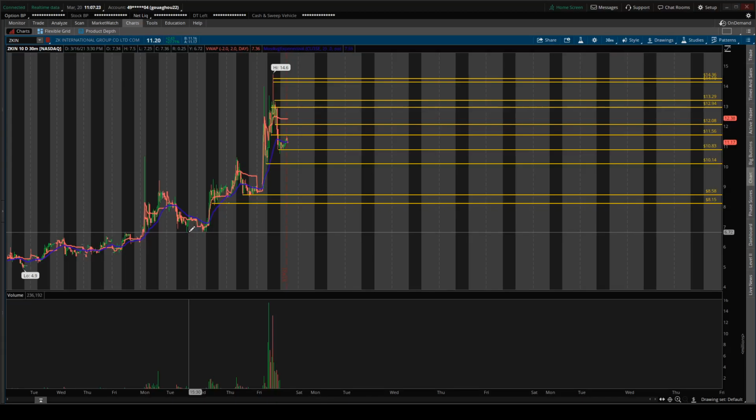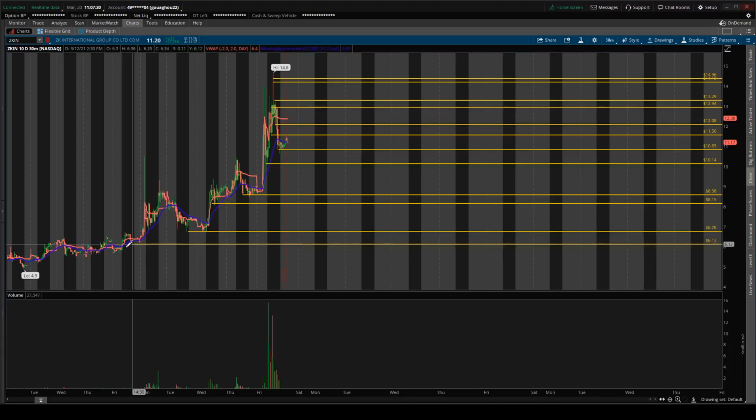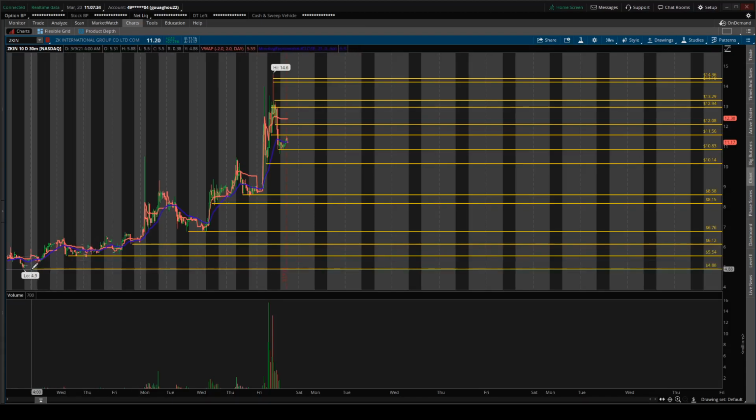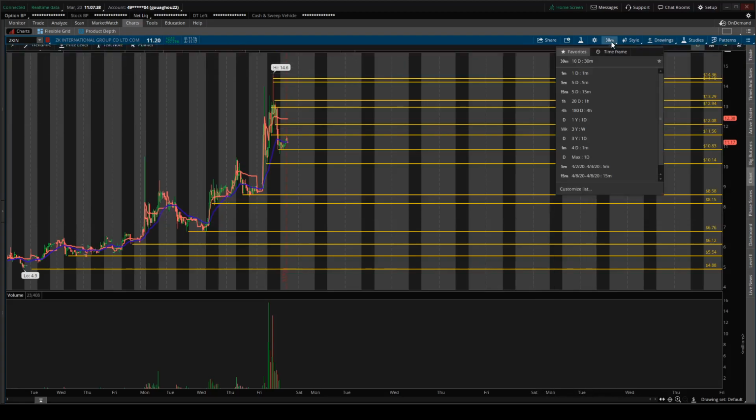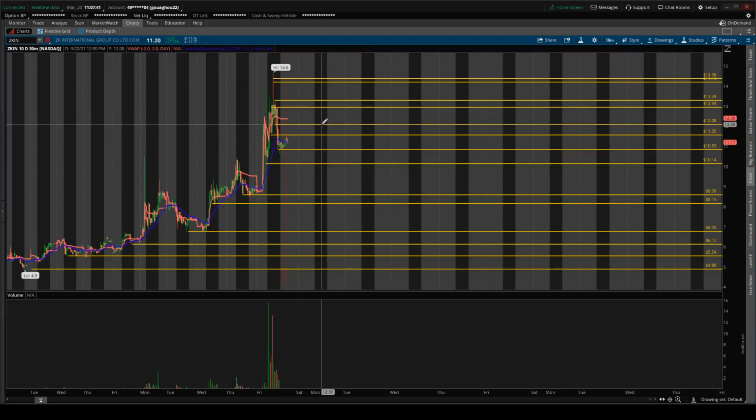So we have another level here, maybe another level here, another level here, another level here. This does not mean that tomorrow or next week this is gonna go all the way to 4, but we need to be wary, especially if we are short, that this thing can really bounce from one of these levels.